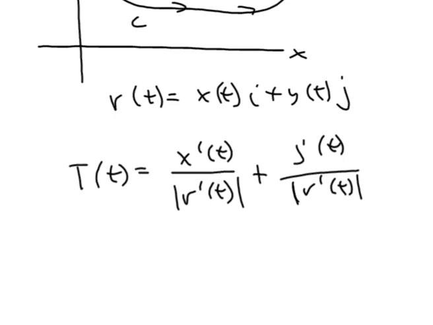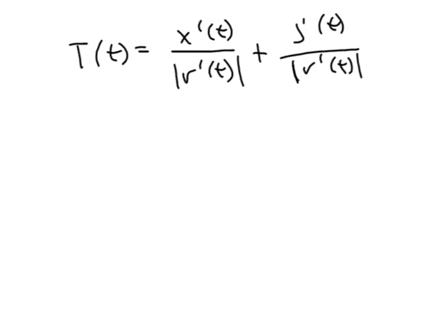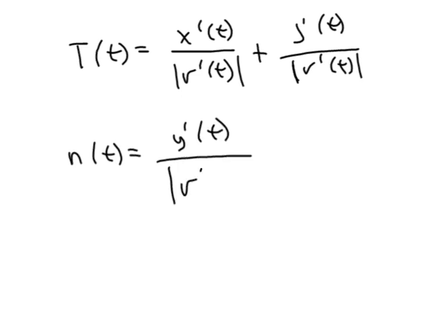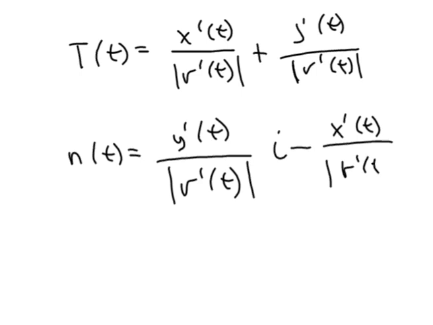All right, so what does the normal vector look like? We need a vector that's perpendicular to that. So here's an example of one that does it: y prime of t over the norm of r prime of t i, minus x prime of t over the norm of r prime of t j.